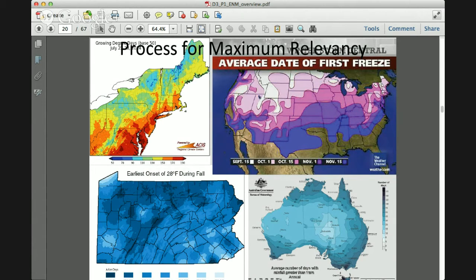What's the average date of the first freeze? What's the earliest date of seeing 28 degrees Fahrenheit, which is pretty cold for those of you in tropical regions? We can develop this sort of synthetic map, which then gives us perhaps information that's more directly relevant to the species of interest.